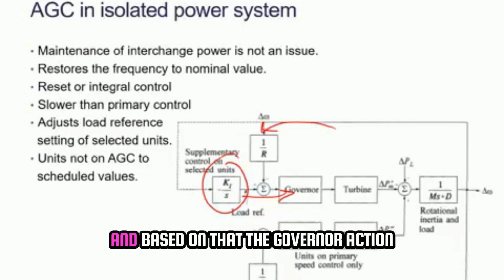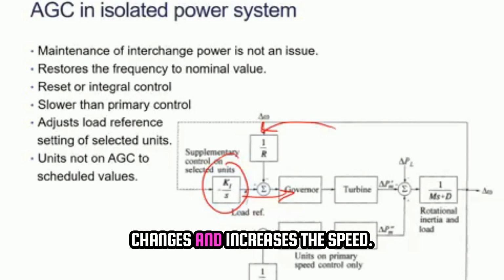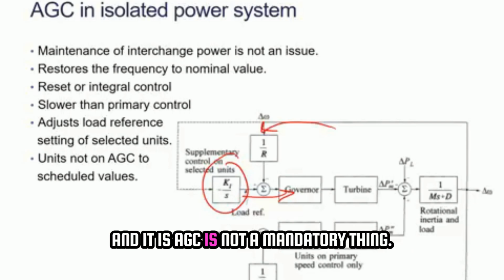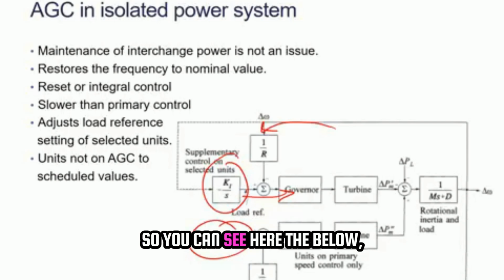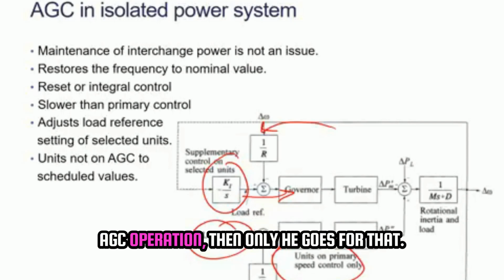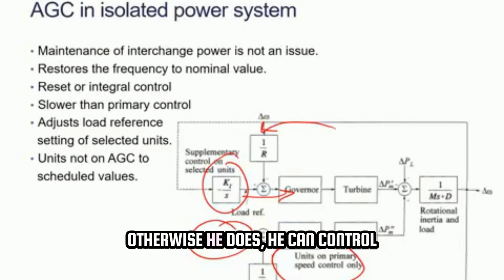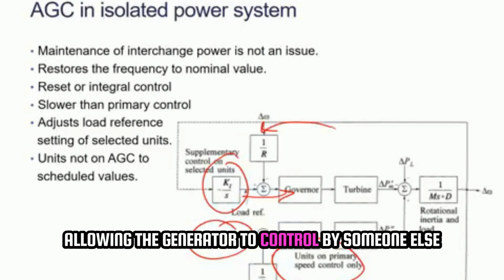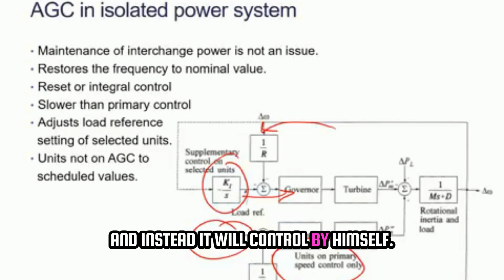It changes that, and based on that the governor action changes and increases the speed if the frequency is required to be increased. AGC is not a mandatory thing, so you can see that the second generator below is optional, meaning only if it opts for AGC operation does it go for that. Otherwise it can control its own generator on its own, and will not allow the generator to be controlled by someone else.